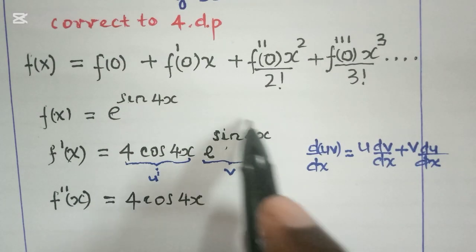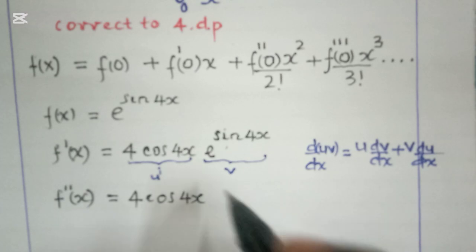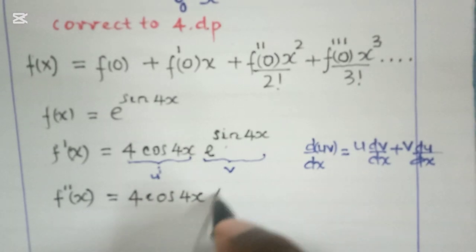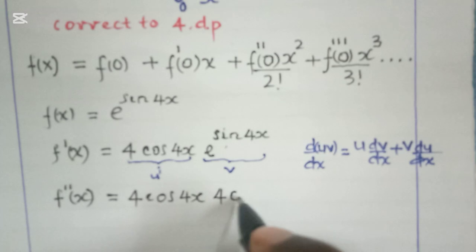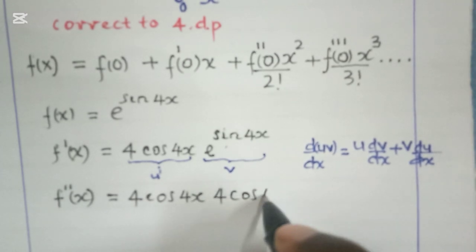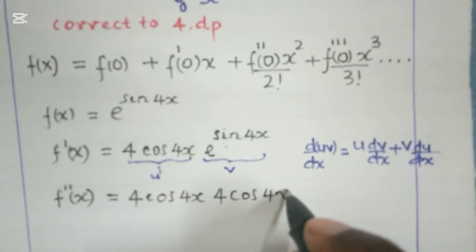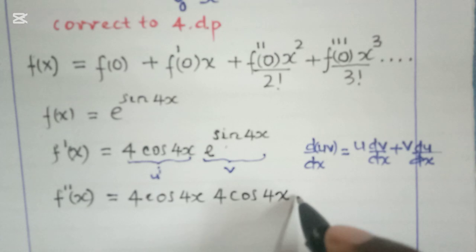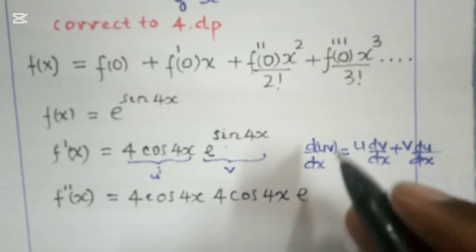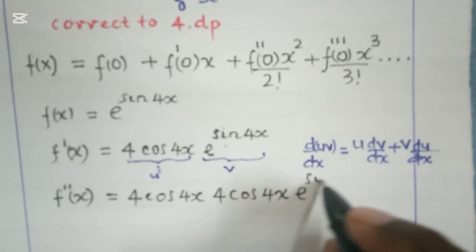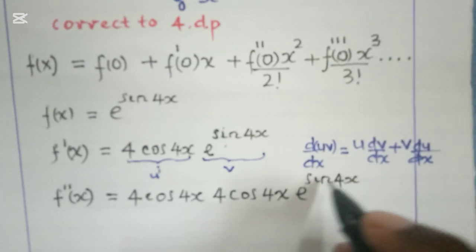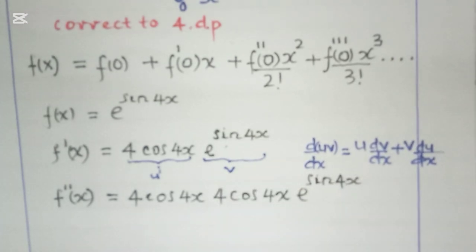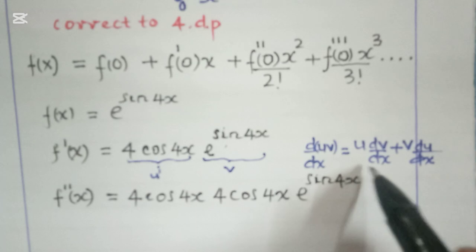So guys, we are now writing this once again, and it is going to be 4 cos 4x e raised to sine 4x, like that. So guys, we have done with that.